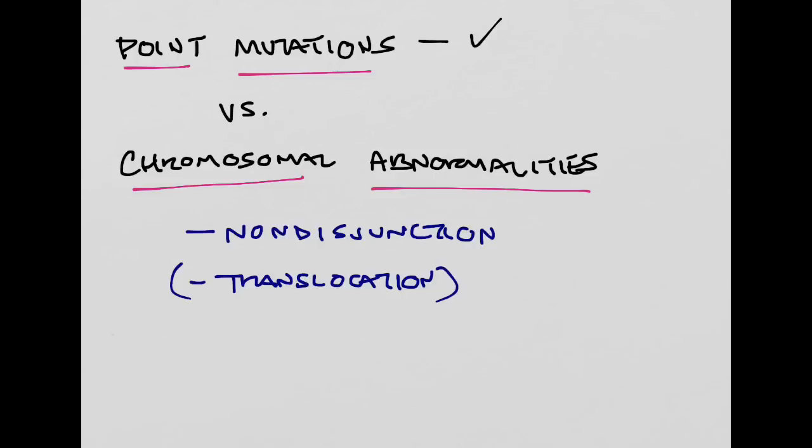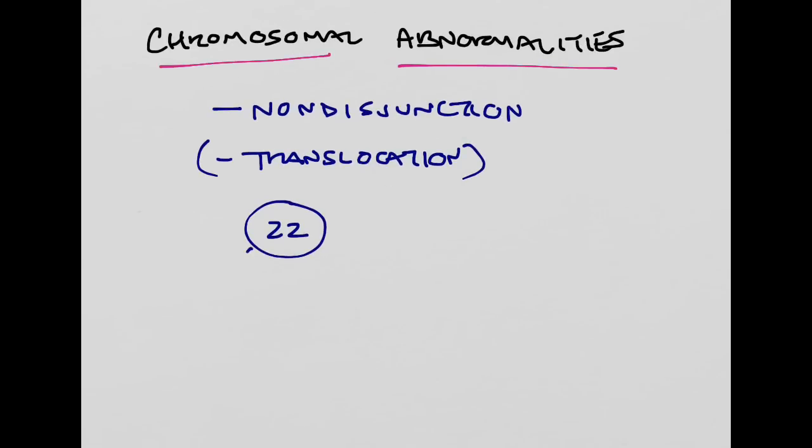So, as you know, if you have a non-disjunction event, you create gametes, which are sperm or eggs, that do not have the correct number of chromosomes. They are aneuploids. So when they combine, let's say we have a sperm that has the wrong number of chromosomes. Let's just say this sperm only has 22 instead of 23 chromosomes.